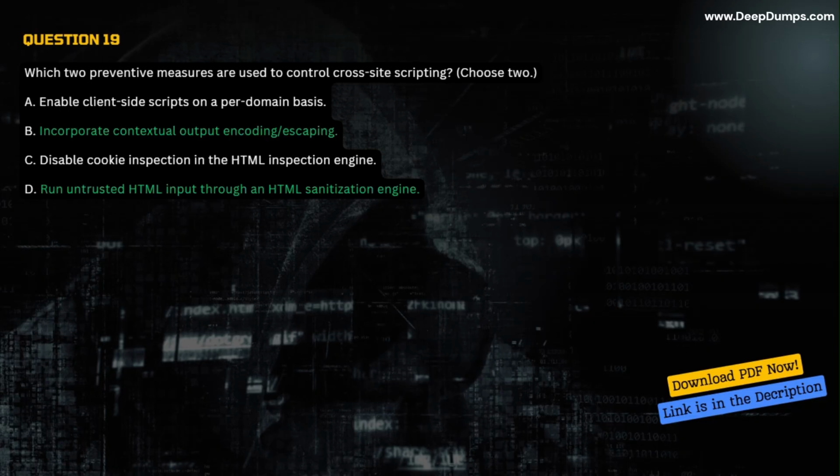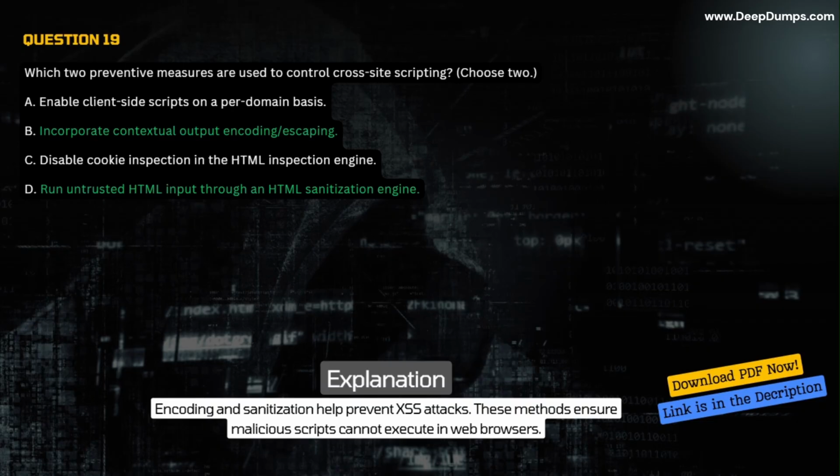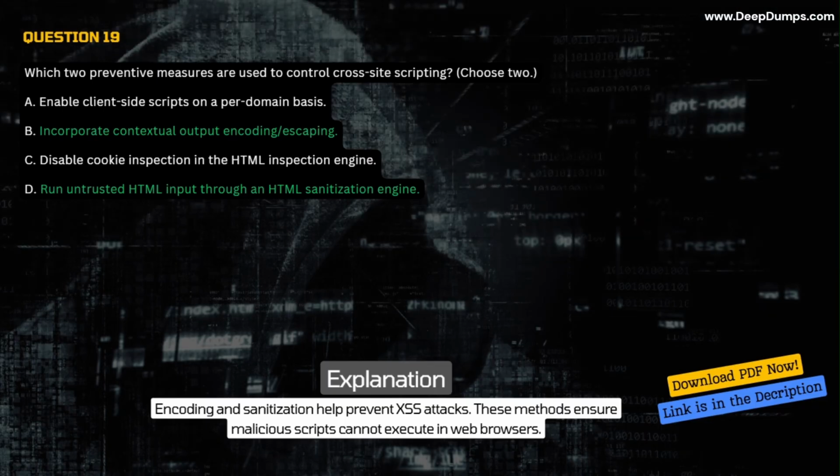Correct answer, B and D. Incorporate contextual output encoding/escaping. Run untrusted HTML input through an HTML sanitization engine. Explanation. Encoding and sanitization help prevent XSS attacks. These methods ensure malicious scripts cannot execute in web browsers.